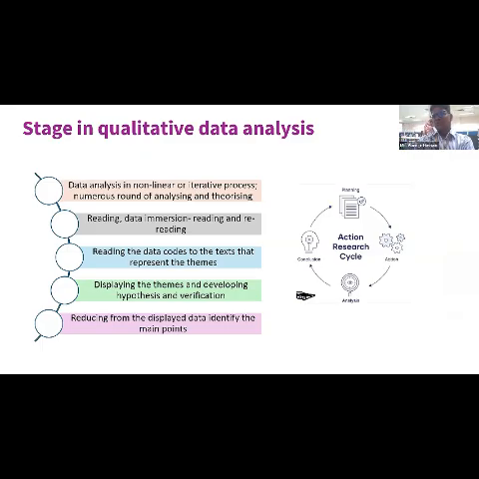The data analysis also has an iterative process, and we have to read the data and keep reading and displaying the themes to see the pattern of the main points of the data.